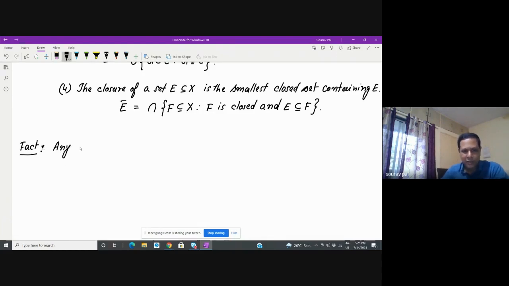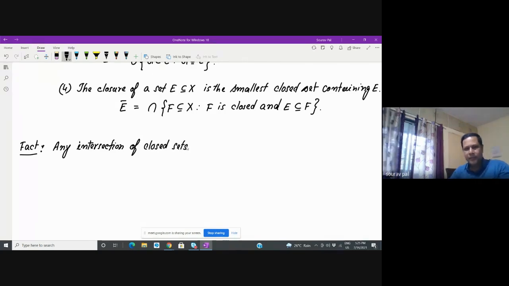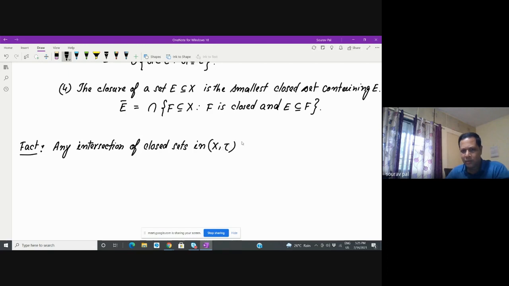Any intersection of closed sets in a topological space (X, tau) is closed.